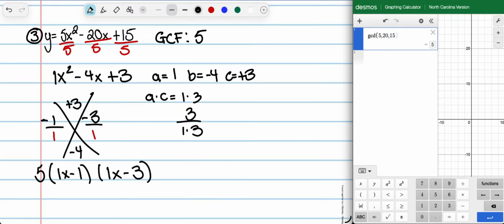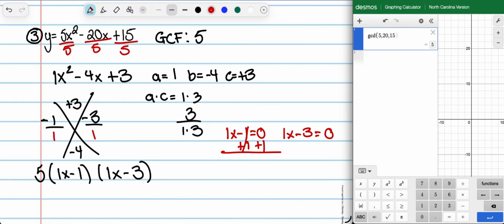To do that, we're going to take each one of our binomials and set it equal to 0. So that's going to give me 1x minus 1 is equal to 0, and the other one is 1x minus 3 is equal to 0. So let's solve them. We add 1 on both sides.